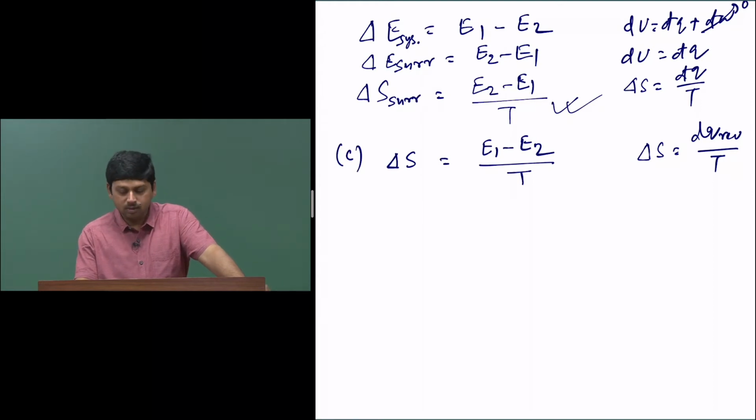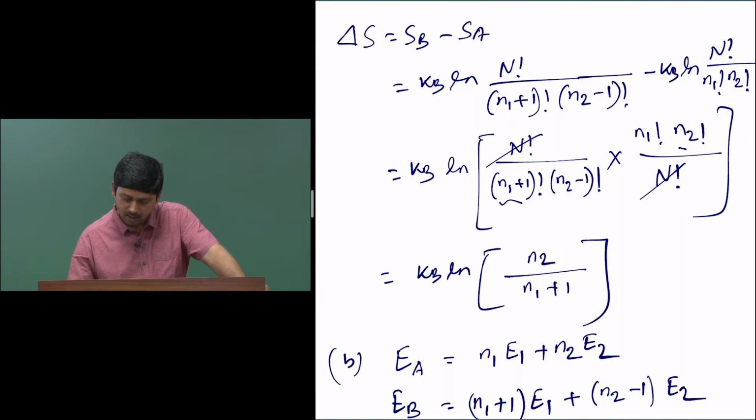So, assuming the process is reversible, we can write the entropy as that, and then we have already obtained a relation of entropy, as you can see here, Kb ln N 2 by N 1 plus 1.